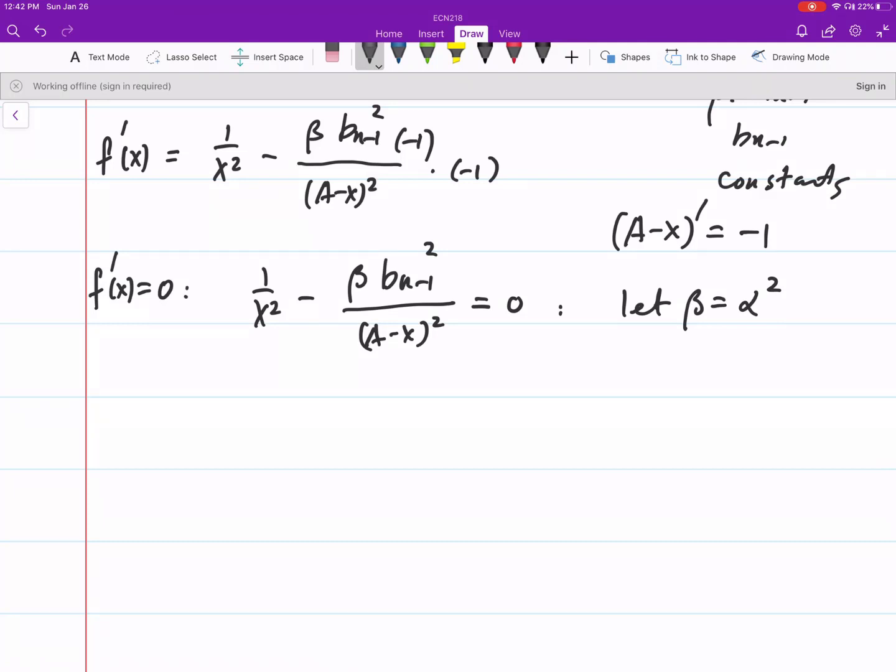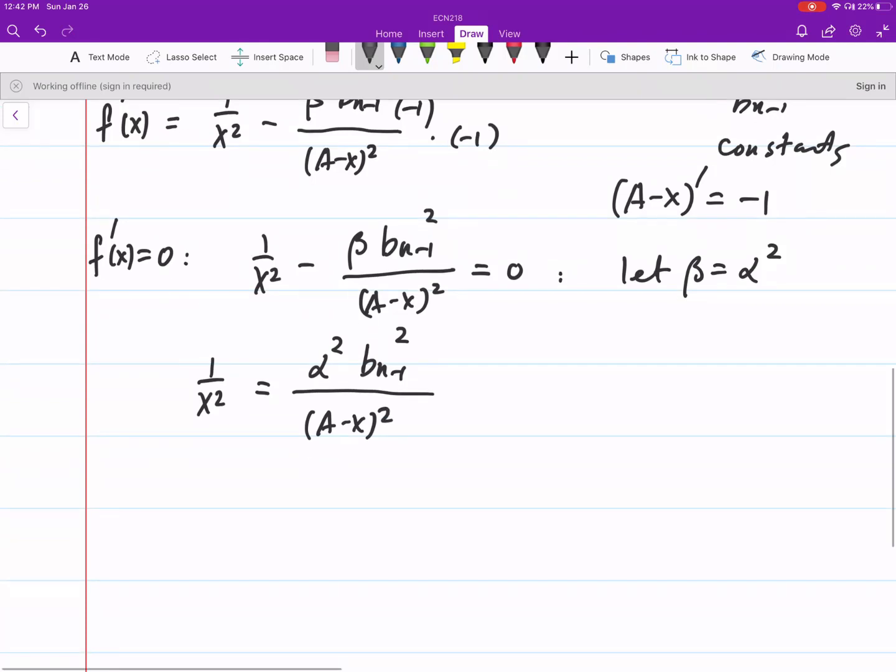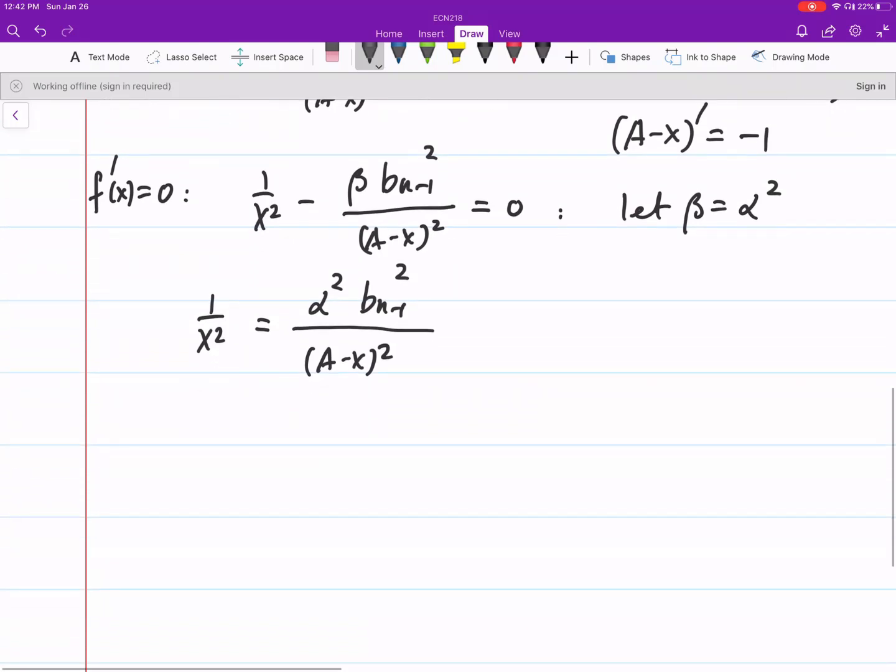Of course, this is problem specific; we don't always want to make this kind of change. Then 1 over x squared is equal to alpha squared Bn minus 1 squared over A minus x squared. Because everything here is non-negative, we can take the square root. Then 1 over x is equal to alpha Bn minus 1 over A minus x.